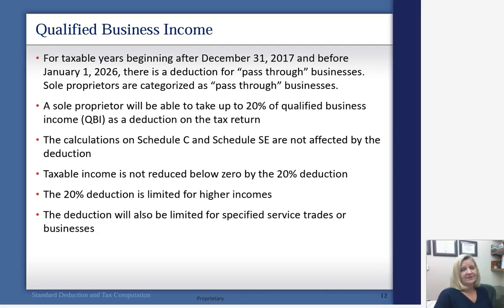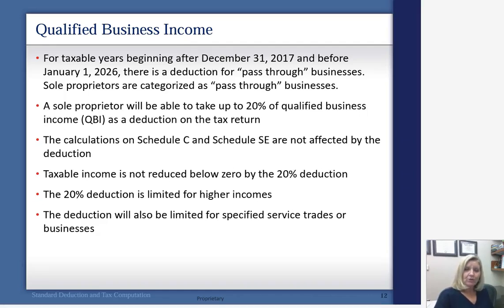All right, so this is the last year for the QBI deduction, unless it may have gotten extended with the One Big Beautiful Bill, and I cannot remember that off the top of my head. But from the Tax Cuts and Jobs Act, the QBI deduction was through January 1 of 2026, so 25 will be the last tax year.